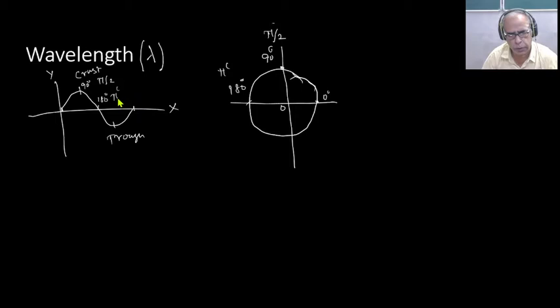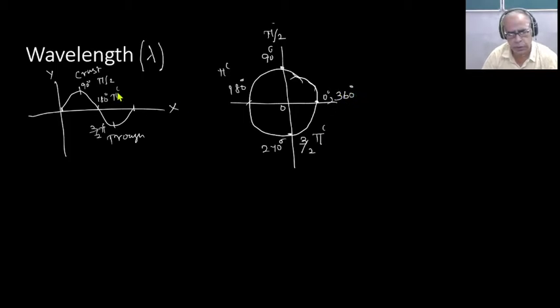For radian you can represent by c in the superscript of this pi. And this one is 270 degree, that is 3 by 2 pi radian. So it has reached 3 by 2 pi radian, and finally here it reaches 360 degree.